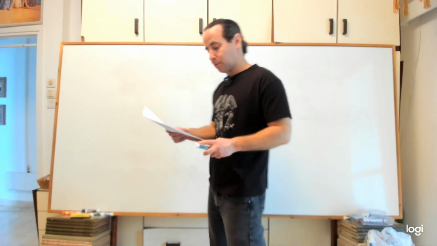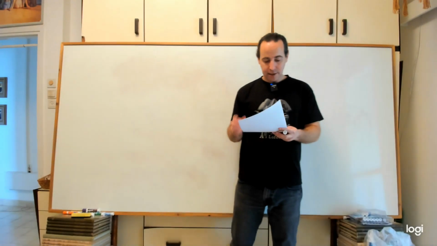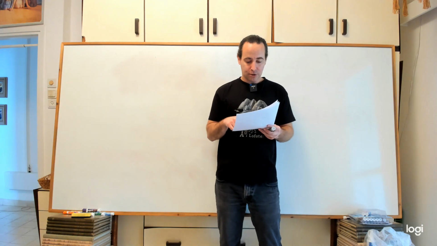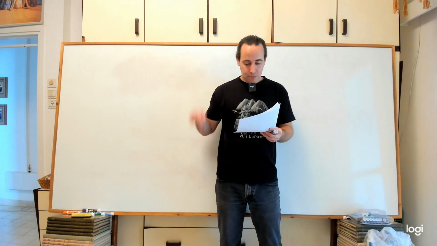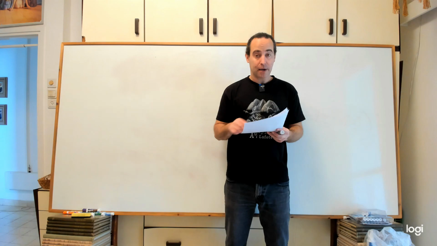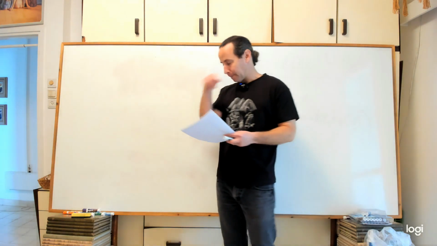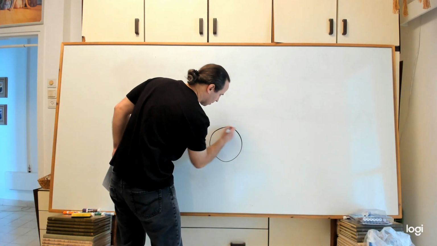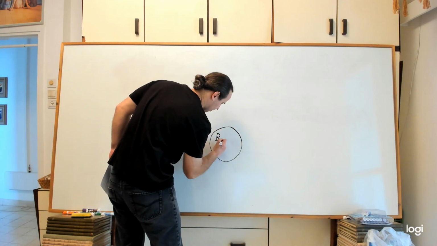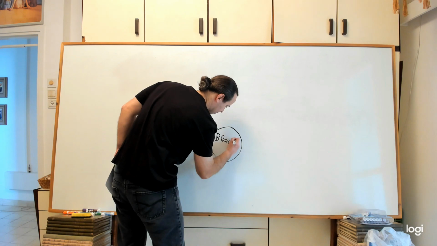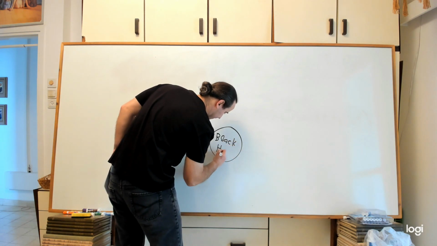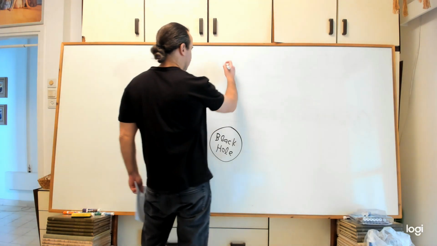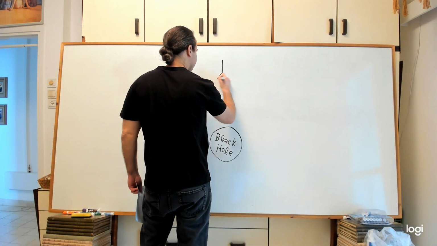So let's suppose we are shining a light with a flashlight in a short flash directly downwards toward the black hole. Okay, so we have the black hole. And we have a flashlight.